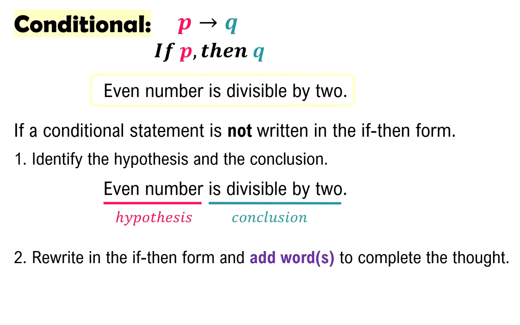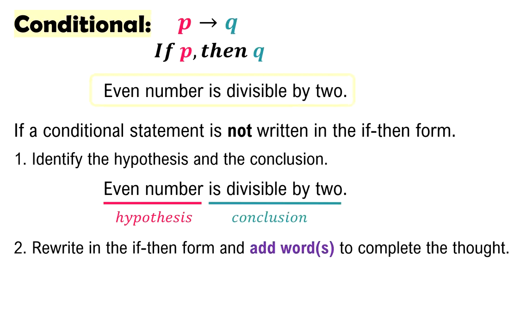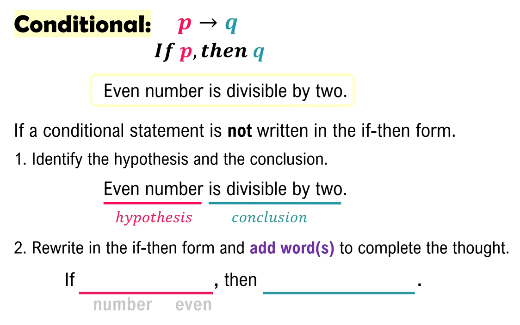The next step is we're going to rewrite the sentence in if-then form and add some words to complete the thought of our sentence. We write it in if-then form and put our hypothesis, which is even number. We arrange it so that our statement makes sense and add the words is and a. So, if a number is even.